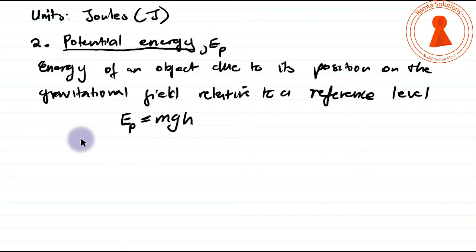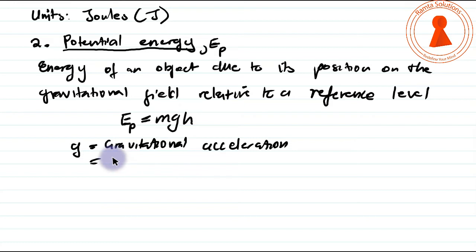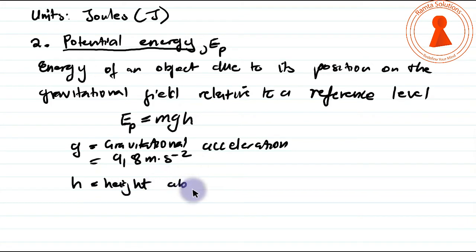This is your potential energy. You remember that m is mass, and g is called the gravitational acceleration, which is a constant, 9,8 meters per second squared, and h is the height above a reference level, so the unit is meters. Remember, the units of energy are joules, so the units will be joules.